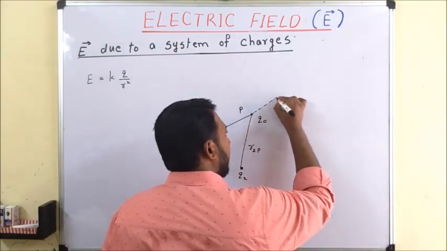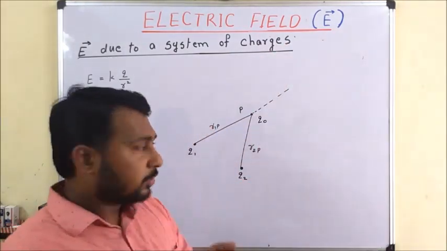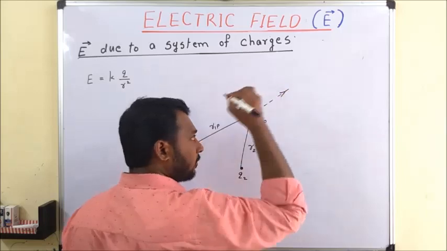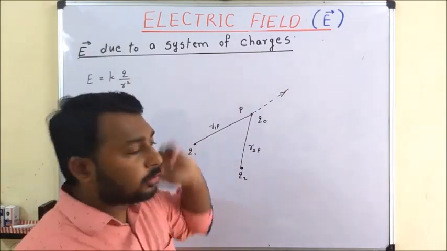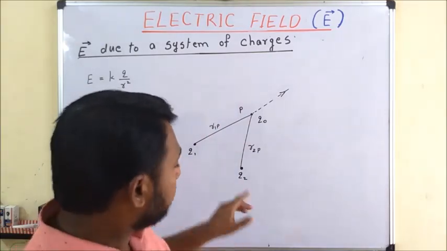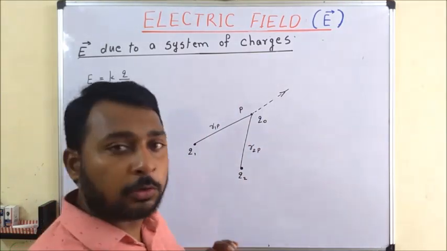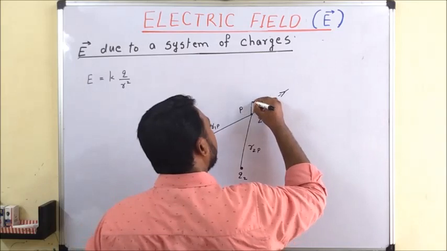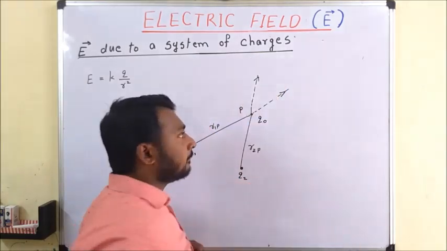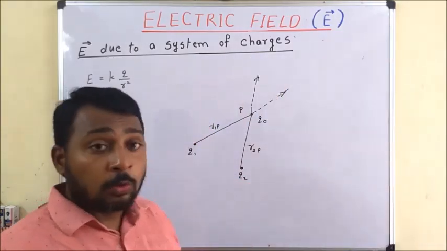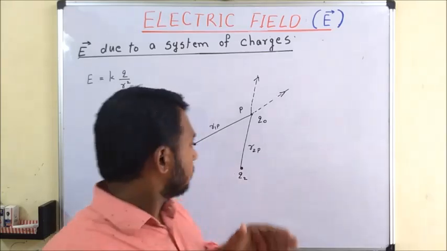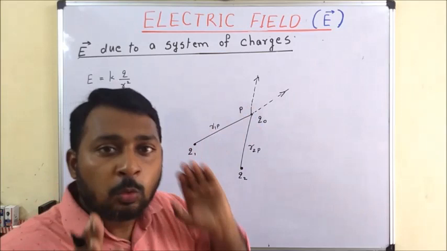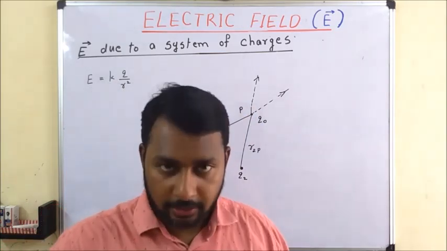In the same way, what about Q2 and Q naught? The force on Q naught due to Q2 will be this direction. So we have seen the direction of the force on this positive Q naught will be the direction of electric field.